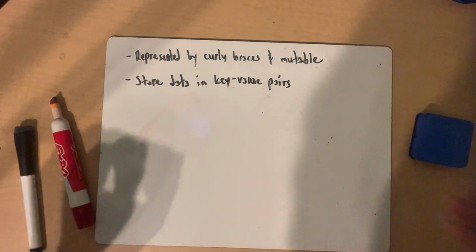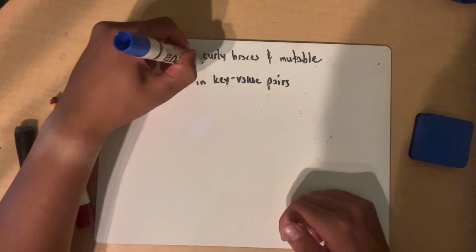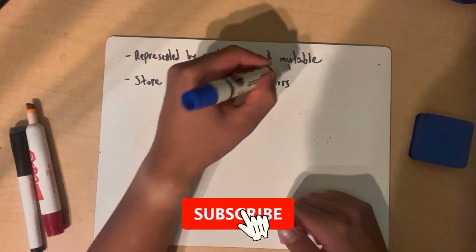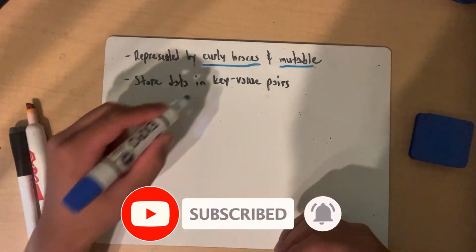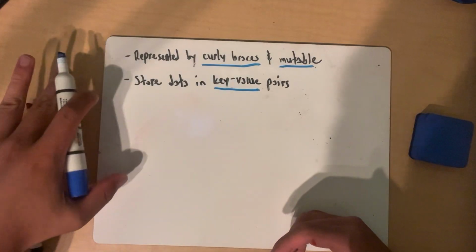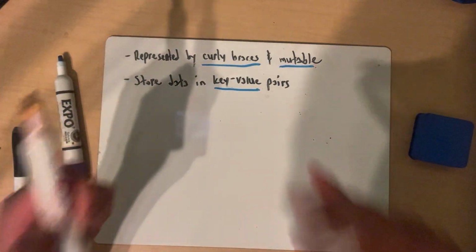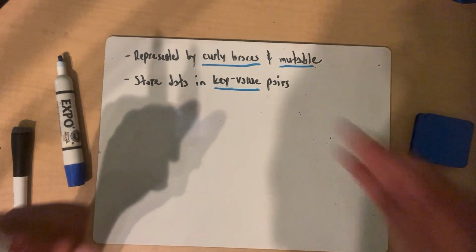Similar to sets, dictionaries are represented by curly braces, and they're also mutable. And they store data in key value pairs. And so let me show you an example of a dictionary so that you understand the syntax better.